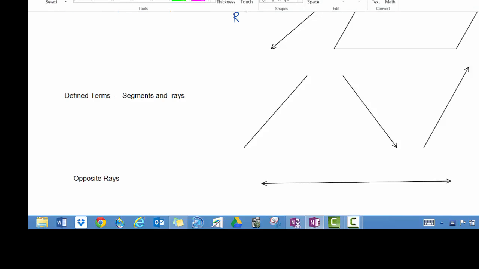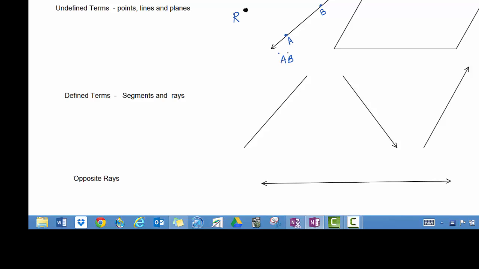To label a line, we can superimpose 2 points or connect 2 points with a straight line, and we call this line AB. The way we write it is AB with the line symbol on top of this.